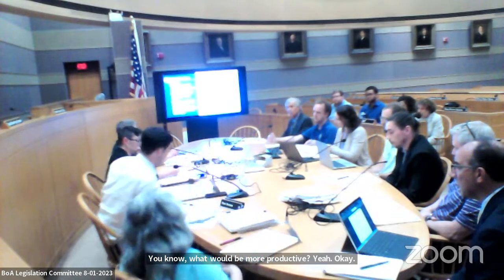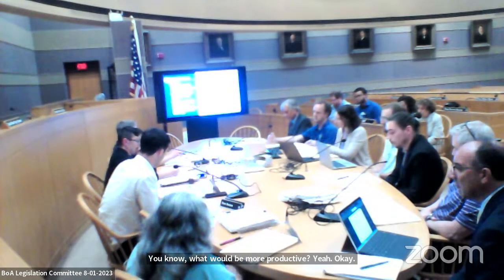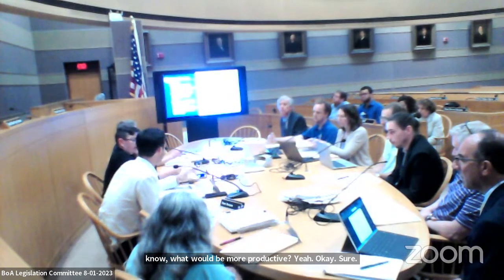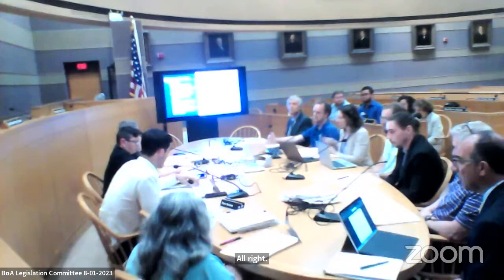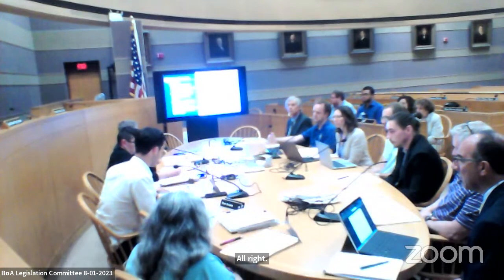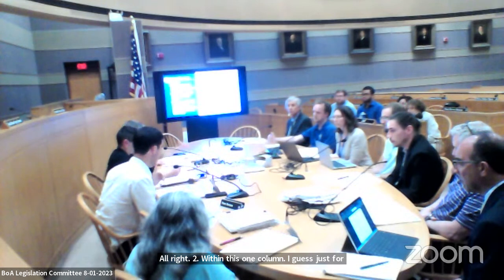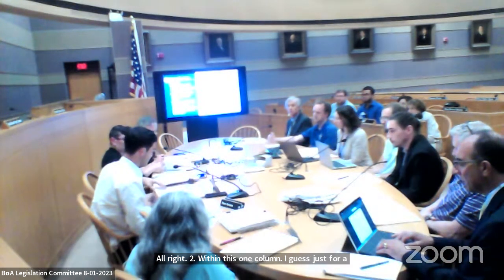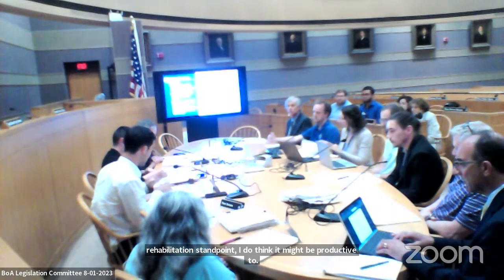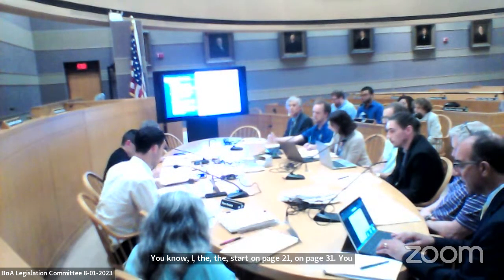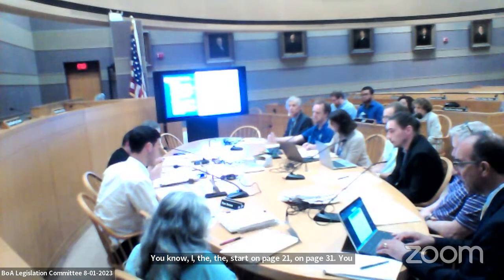Sure. Just to follow up on my colleague's questions related to the two zoning designations within this one column. I guess just from a readability standpoint, I do think it might be productive to, you know, the use table starts on page 21 and ends on page 31. I was reading the use table and I saw the slash and I had to find what it was.